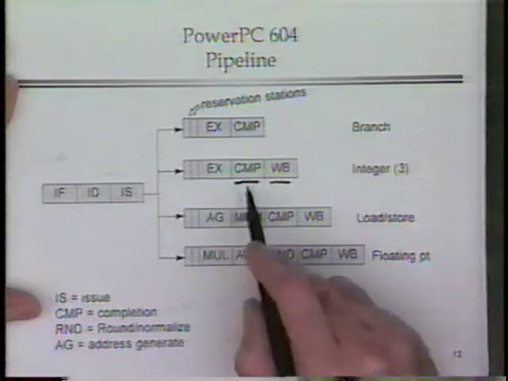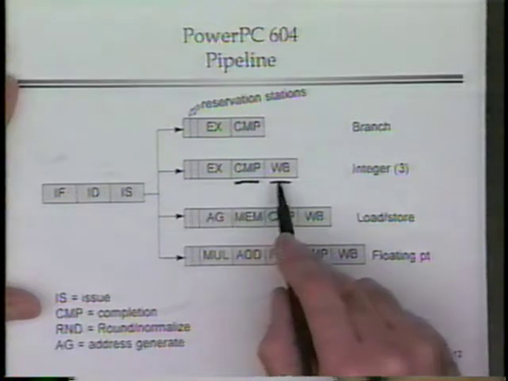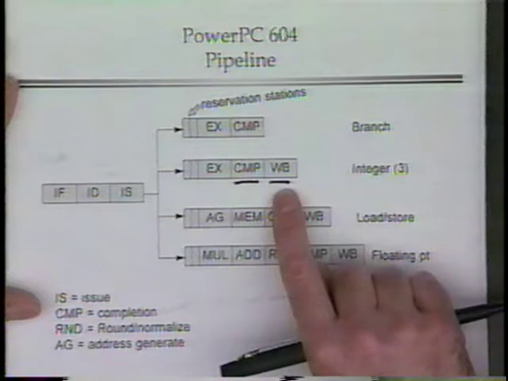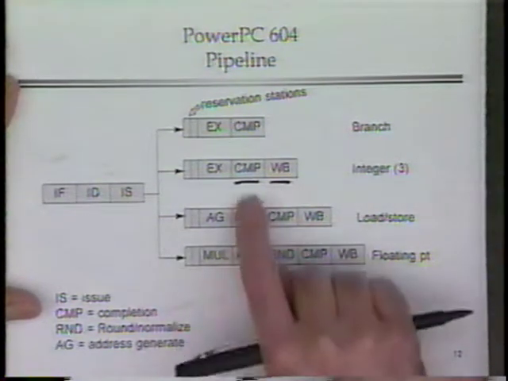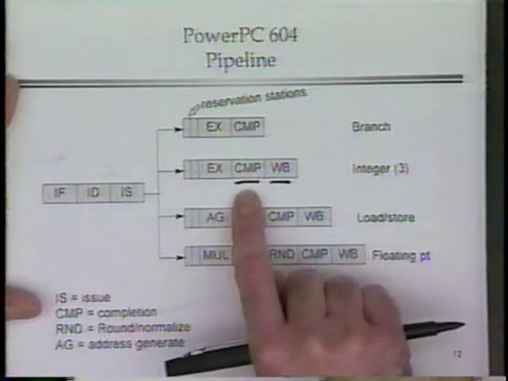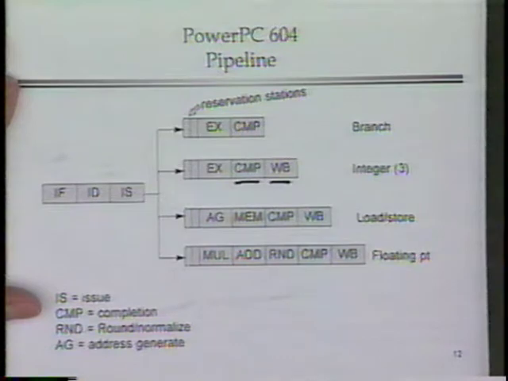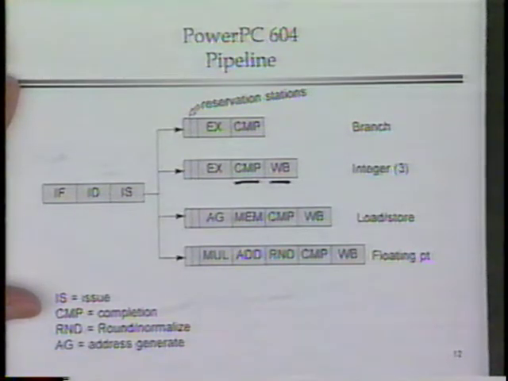If ports are not available, then the completion stage does some other functions, but doesn't do the write-back, and then delays the write-back until the actual write-back stage. So in some ways, the pipe can be shorter than is shown here. During completion, in addition to an opportunity to write back registers, that's also the time at which exceptions are noted and recorded in the reorder buffer for being taken later.